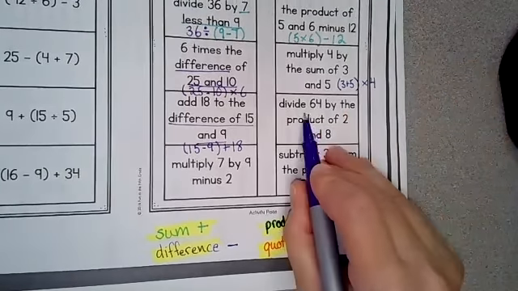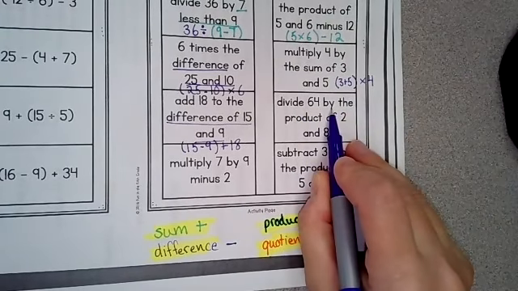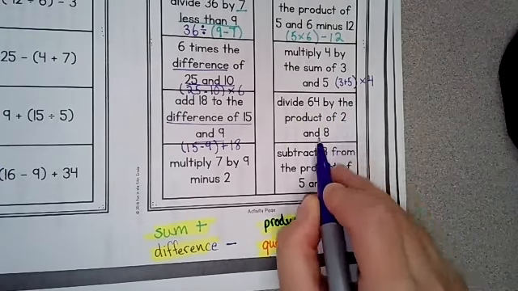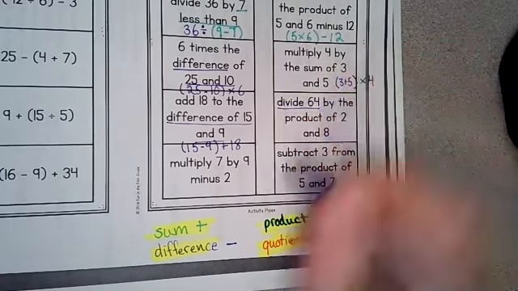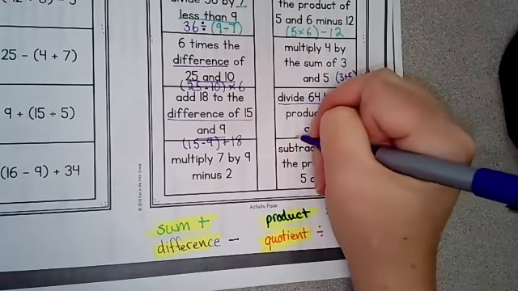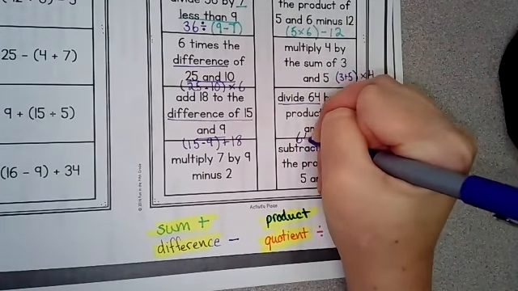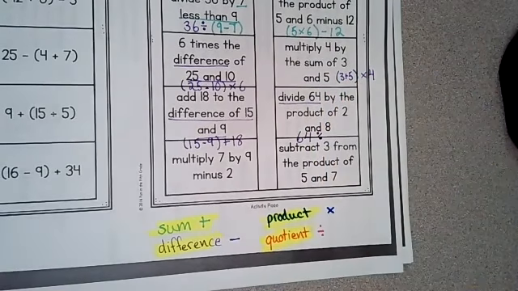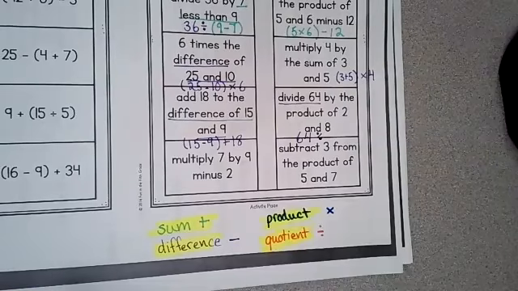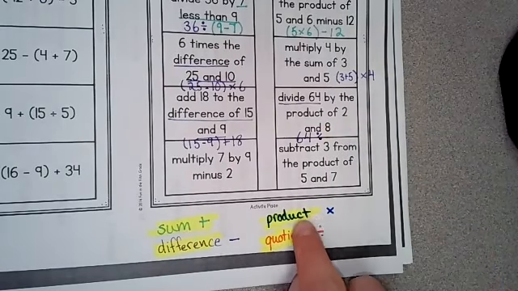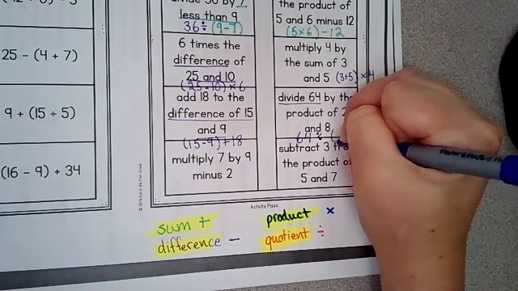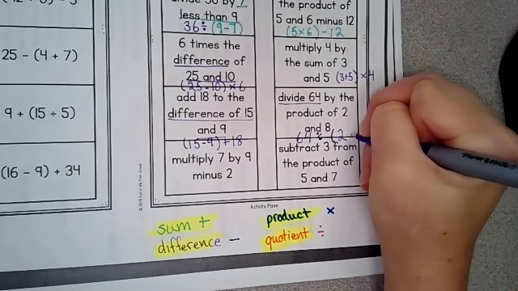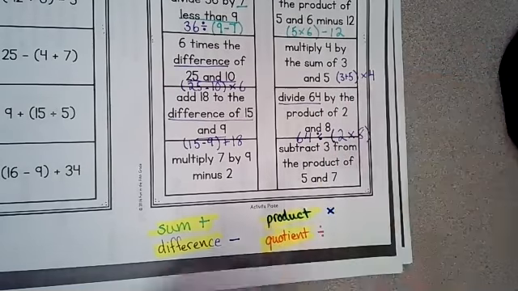Now we're going to divide 64 by the product of 2 and 8. We're dividing 64 by something, so you know the 64 has to go at the front. So write 64 divided by. It's going to be divided by the product of 2 and 8. Product means to multiply, so put it in the parentheses, 2 times 8.